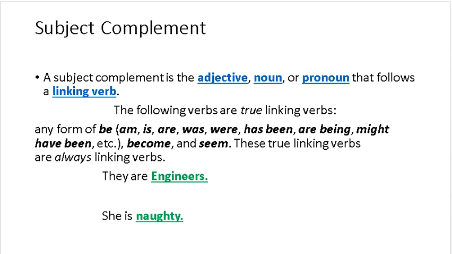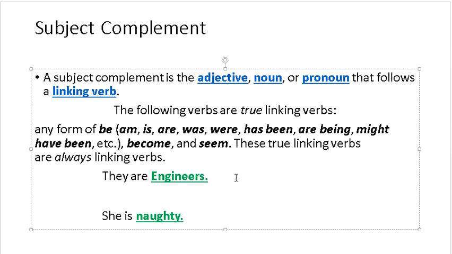That's what I was talking about earlier: usually we were using the linking verb in action sentences, which was wrong. So wherever we find a subject complement, we can say that a sentence with a subject complement is non-action.